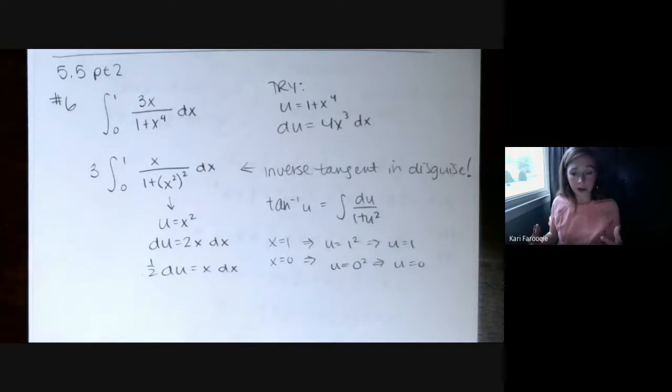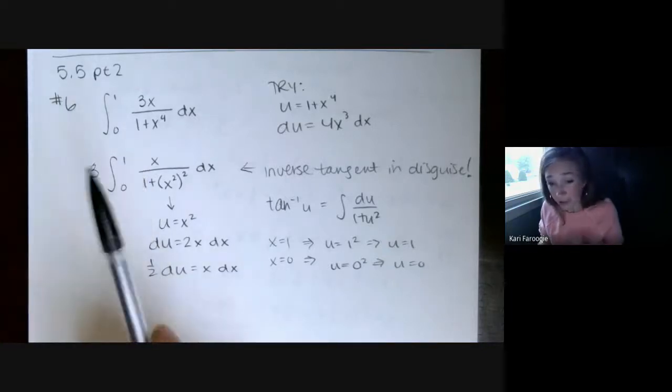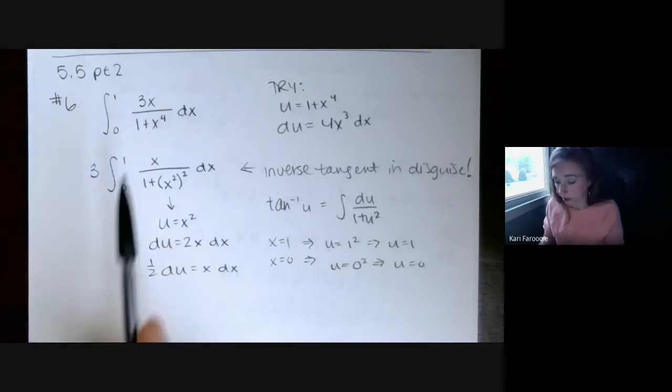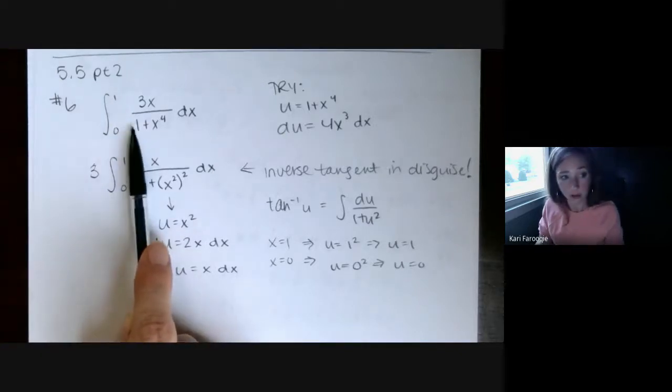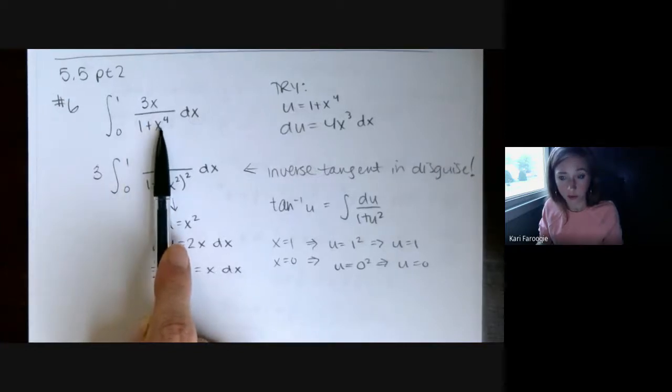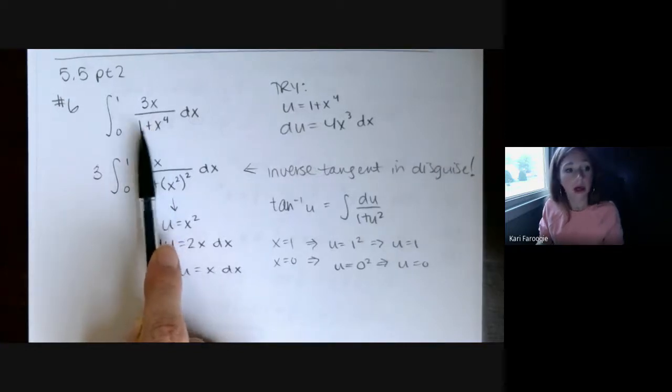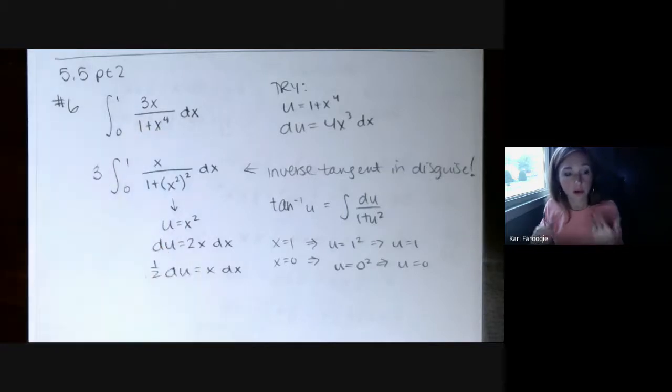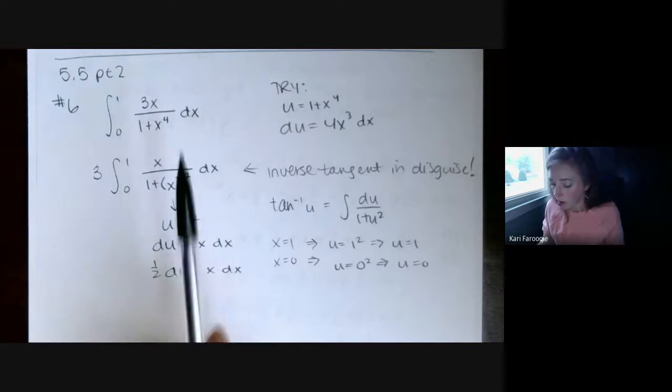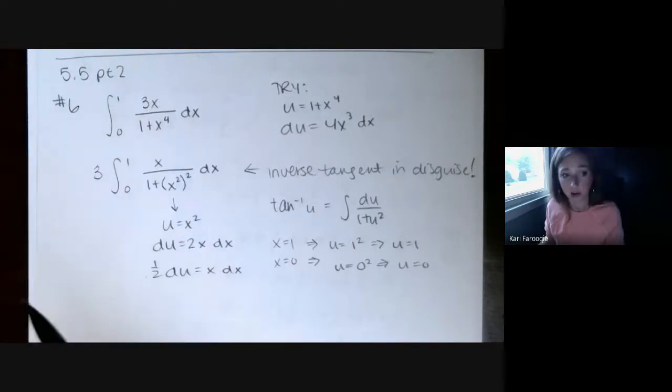Also, bear in mind, as you're looking at this particular example, this could have been even more disguised. This could have been written with something other than a 1 here. It could have been written with a constant multiple on the x to the 4th. Any of these numbers or constant multiples could have been different. The key here, what you're really looking at, is just the variables and their exponents.